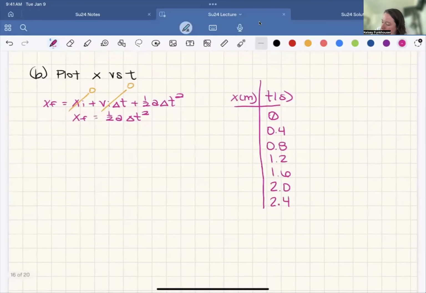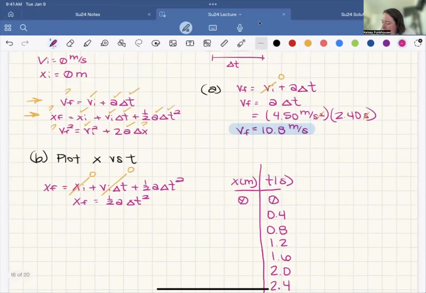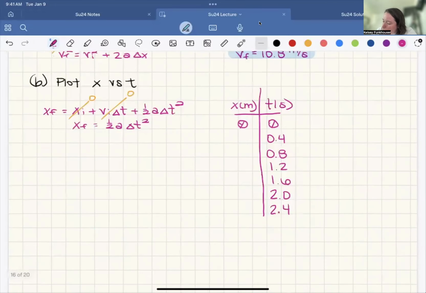So we know that the initial position is just 0. So that one's easy. And then we can just plug stuff into the equation. So it'll be 1/2 the acceleration, which is about 4.50 meters per second squared, times whichever time interval we're at. So we'll start with 0.4 seconds, so that one's 0.4 seconds squared.